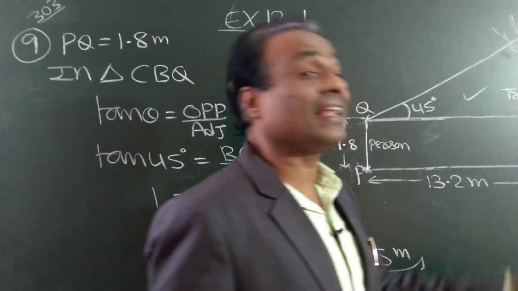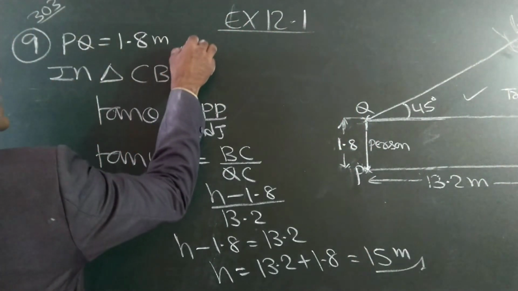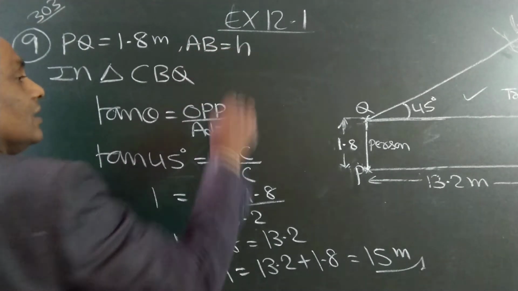Let the height of the tree AB be equal to h. See the diagram.